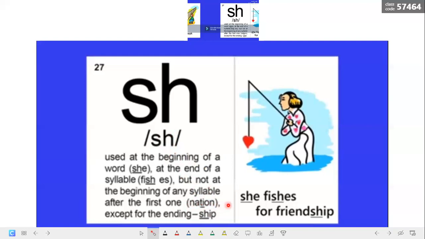And I think if we teach in this way, we can help learners to know about pronunciation and at the same time to know about spelling. Because when learners focus on these rules, they expect the word nation to be spelled N-A-T-I-O-N, not N-A-S-H, because we cannot start a syllable with the letters SH to produce the sound "sh." Okay, I hope it is clear.